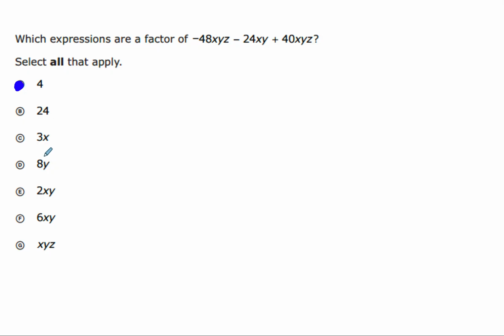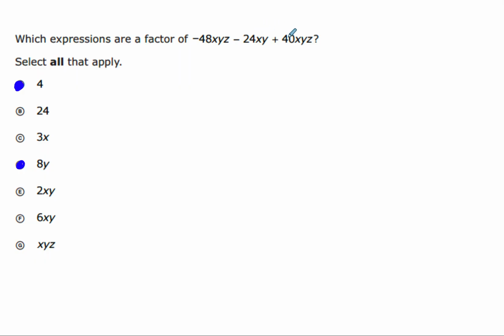8 and a y. Okay, let's see. 8 goes into 48. 8 goes into 24. 8 goes into 40. So the 8 part works. Is there a y in all of them? Y, y, y. Yes, so 8y is good. 2xy.